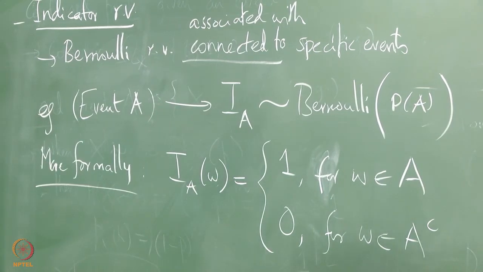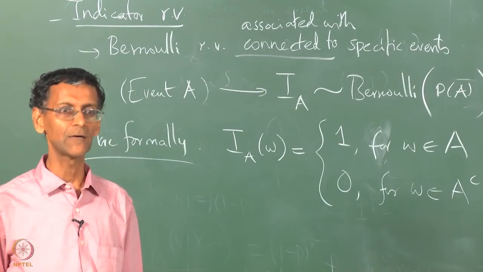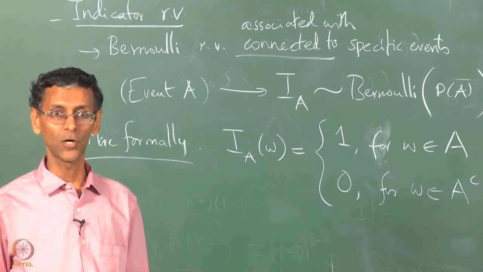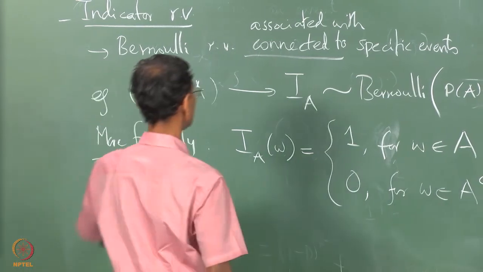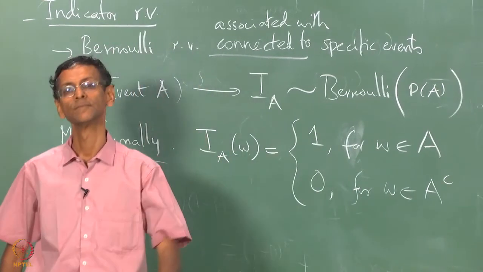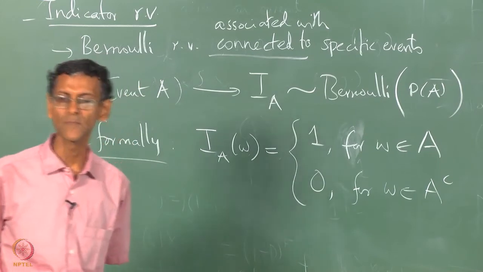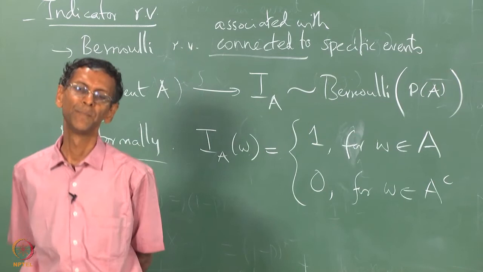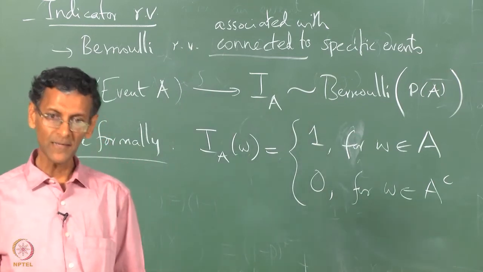A and A complement are a partition, they cover the space. So, you do not have some third possibility, and this is a complete definition. If you look at this clearly, the probability of IA equal to 1 will be P of A itself.